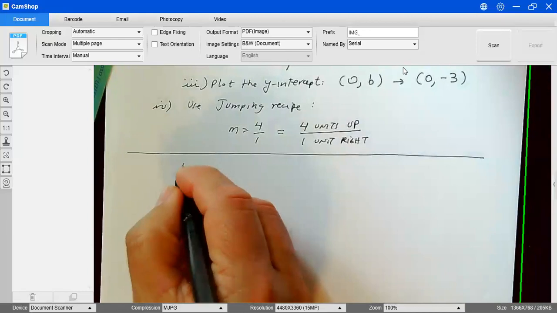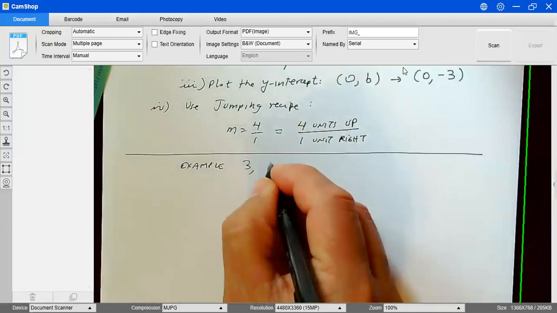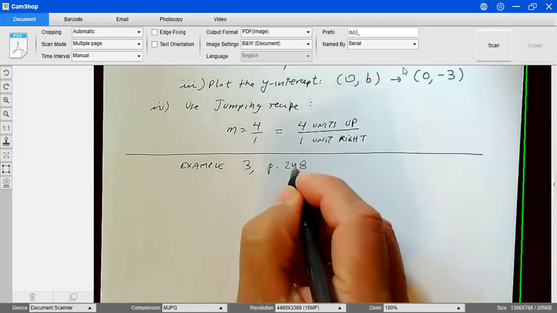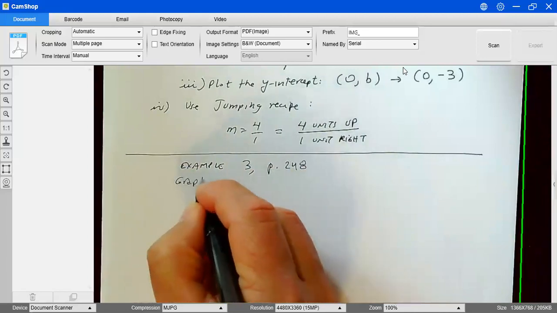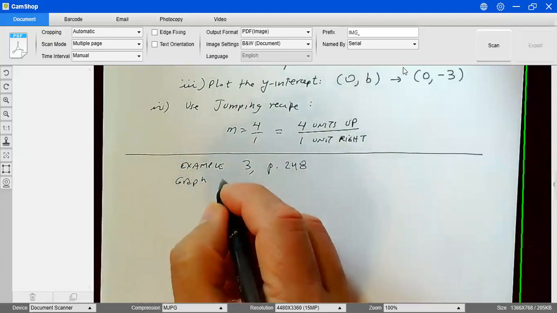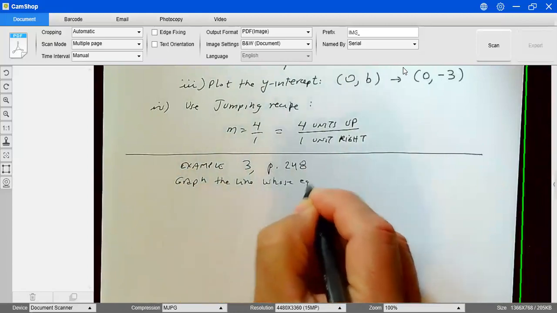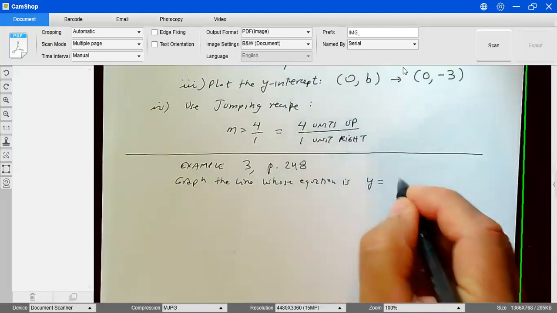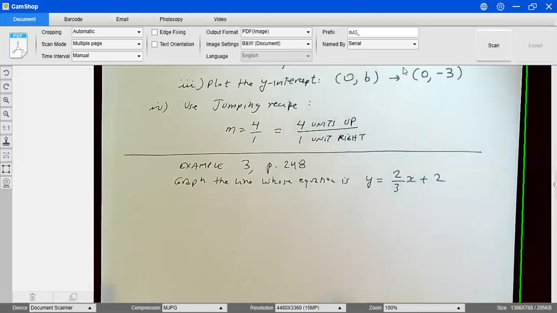So this is going to be example 3 on page 240A. So now we're going to graph the line whose equation is y equals 2/3 of x plus 2.